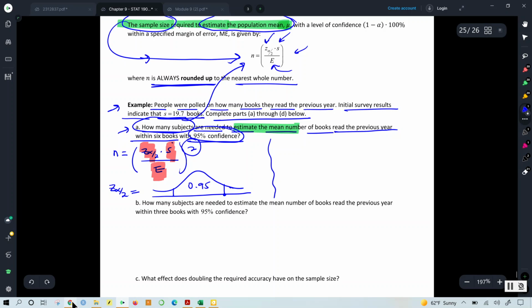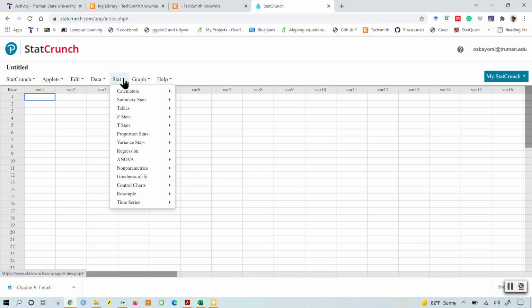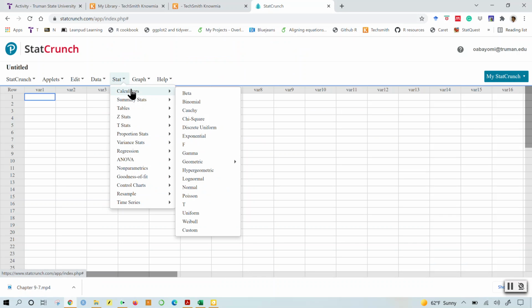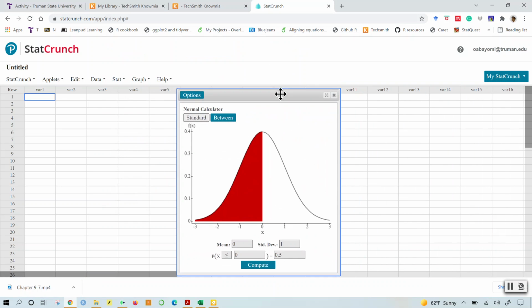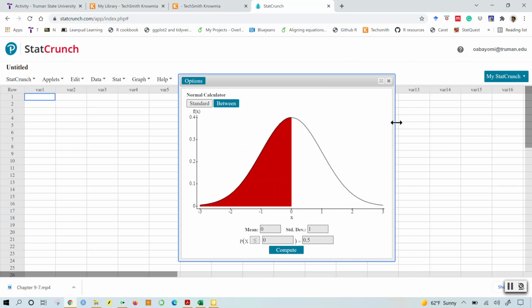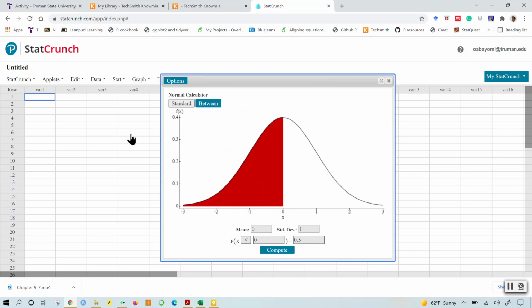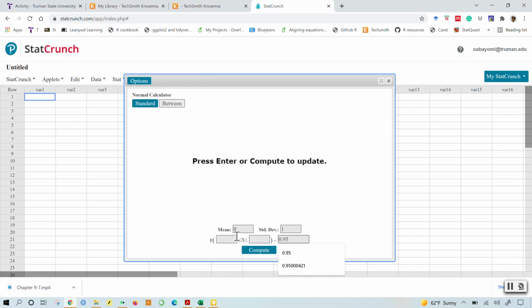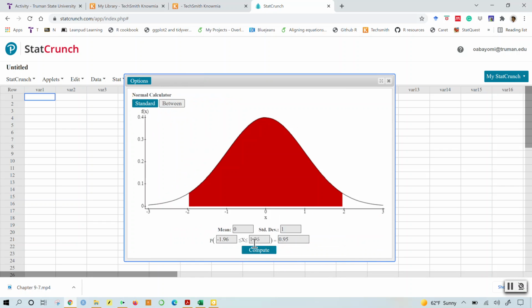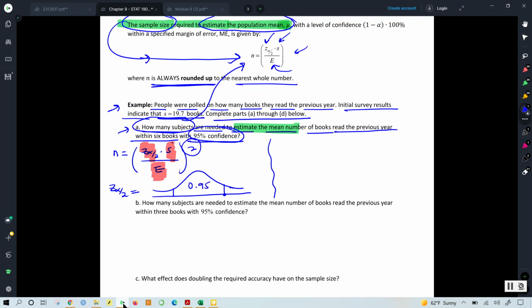Going back to StatCrunch, I need to go to calculators, statistics calculators, go to the normal distribution, and I'm going to drag this over. So I want between, and the size of what is between is 0.95, the confidence level, compute. The positive value, 1.96, is what I want. So you have 1.96 here.